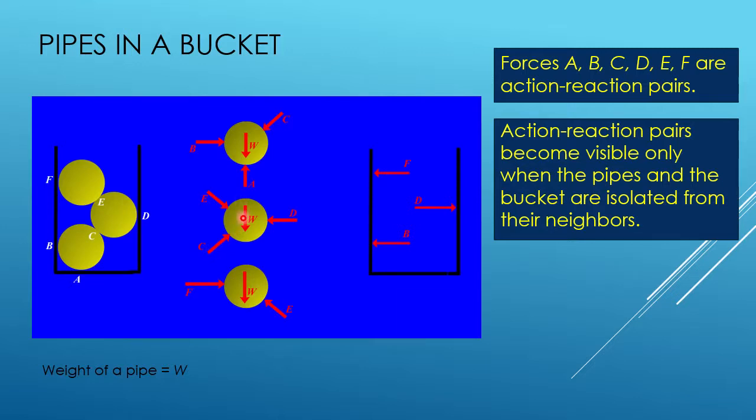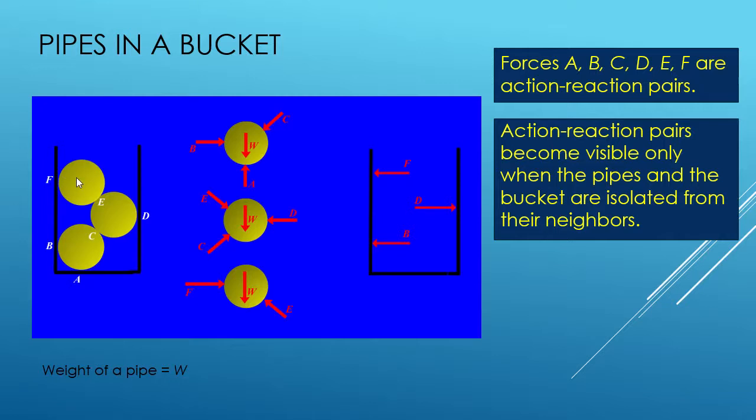This is the weight W, and this is the force D coming at the contact D between our object and the wall of the bucket. Similarly, if we go to the topmost circular object, we will see an F, which is coming from the wall of the bucket, weight acting downward, and this E and that E are the action-reaction pairs.